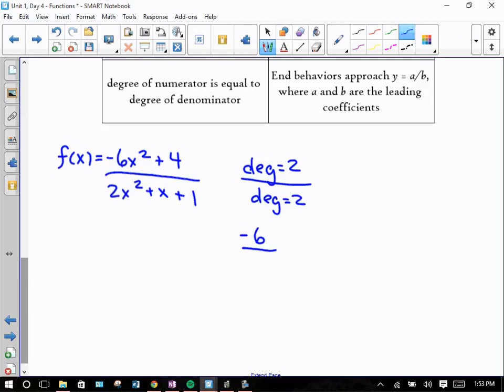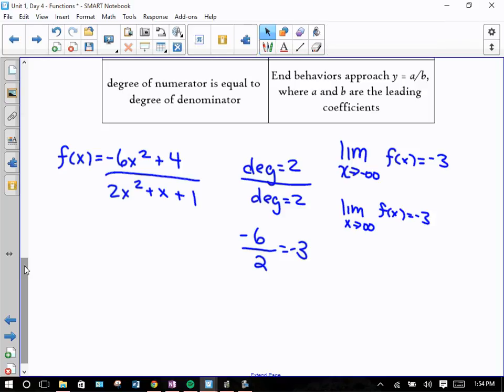Negative 3 and negative 6, actually. So, you do that, and what you say is the limit as x approaches negative infinity of f of x is equal to negative 3, and the limit as x approaches positive infinity of f of x equals negative 3.